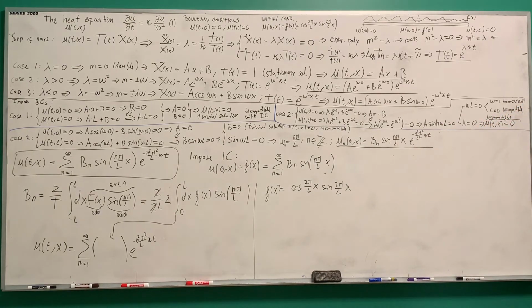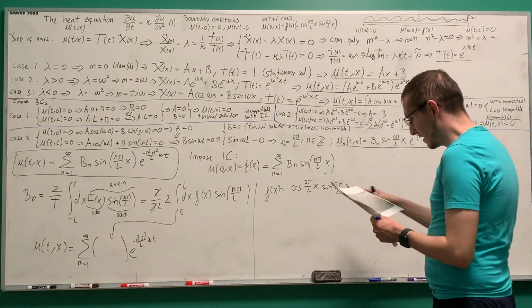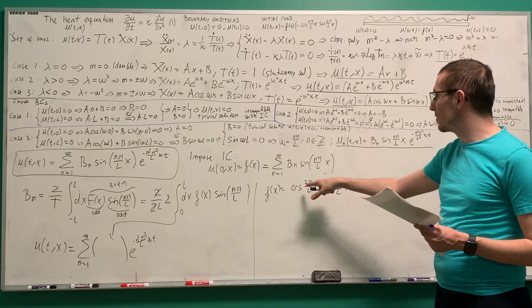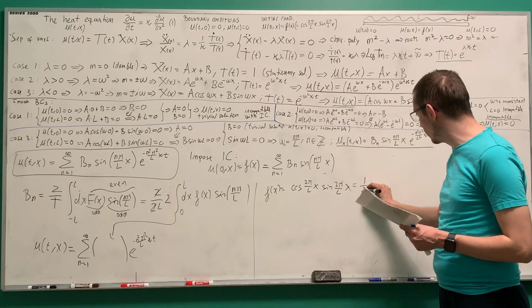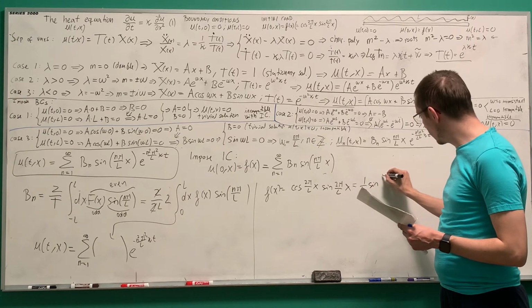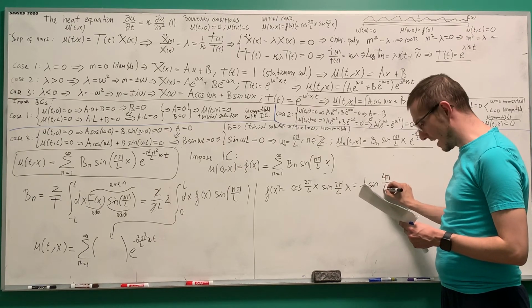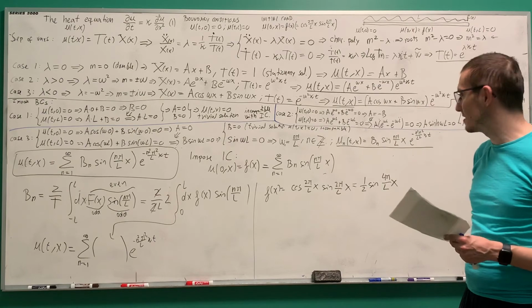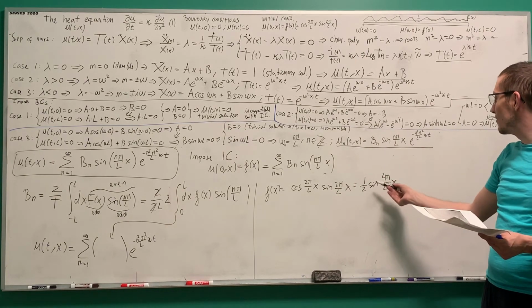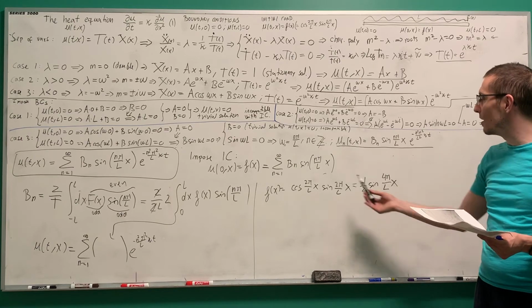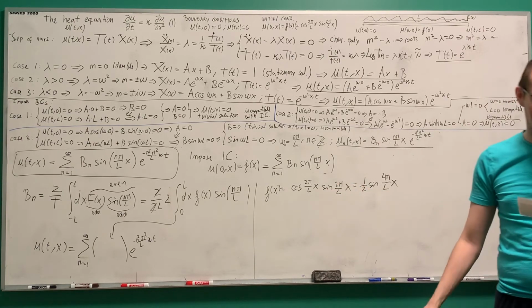Because by inspection, we realize that this is the formula for the sine of the double angle. So this thing is equal to 1/2 sine of 4 pi over L x, right? Agreed? This is a double angle: 1/2 of the sine of 2x is equal to the cosine x sine x.